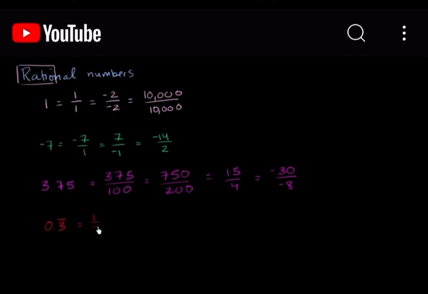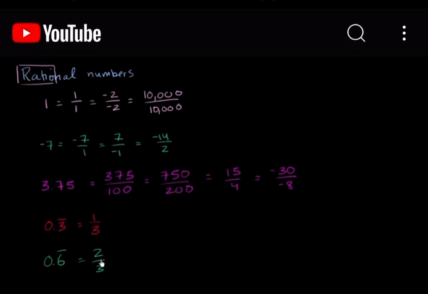This is clearly 1 over 3, or maybe you've seen 0.6 repeating, which is 2 over 3. And there are many other examples. Any repeating decimal, even if it has a million digits repeating, as long as the pattern starts to repeat itself over and over again, you can always represent that as the ratio of two integers.